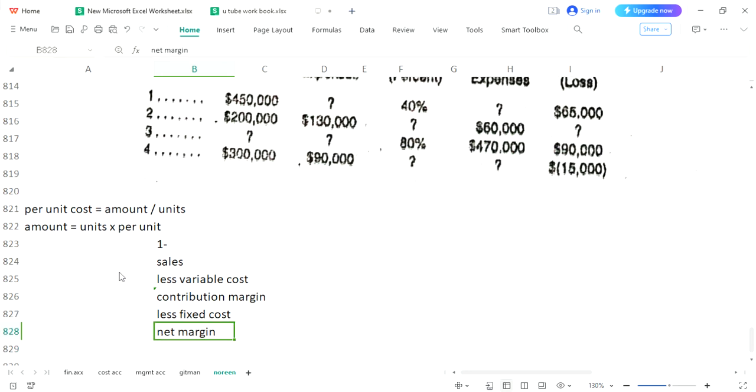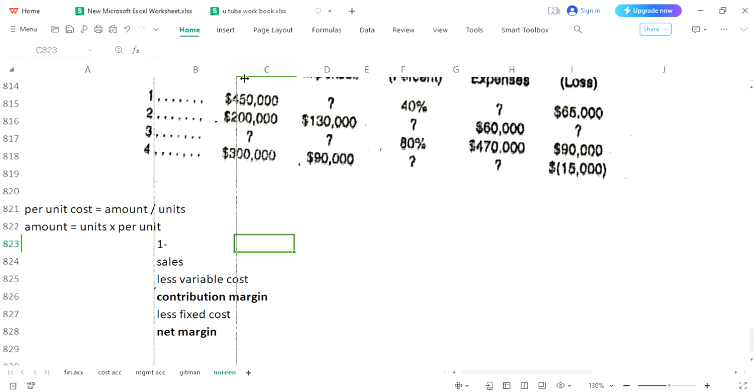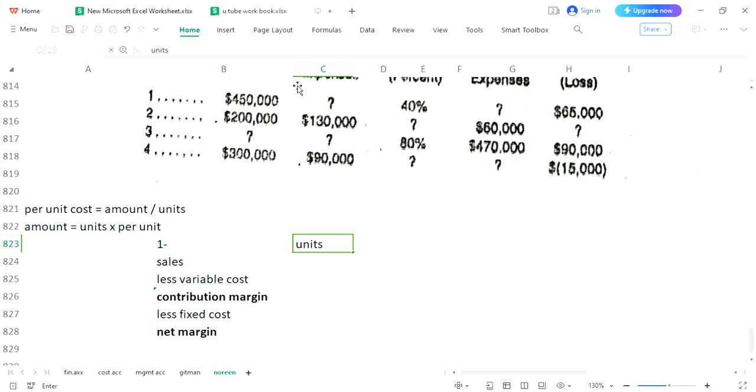Now understand that this statement would be made six times. What do we write? The first column would be used for units, then you put your per unit, and finally you will be calculating the amount for each and every statement.